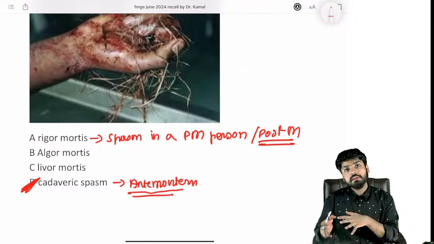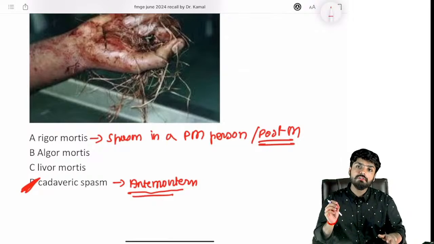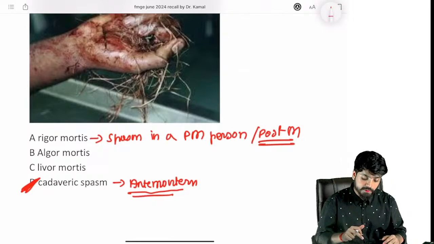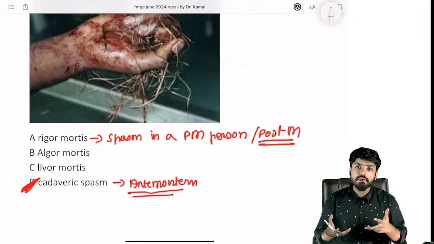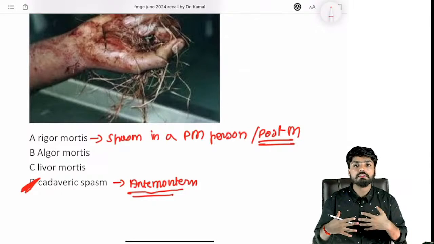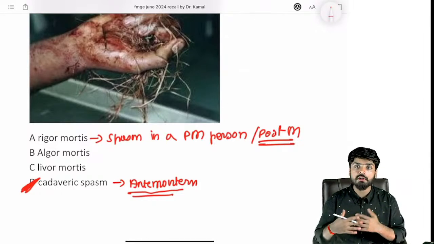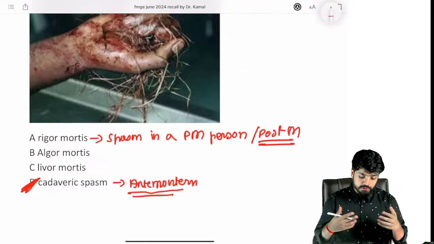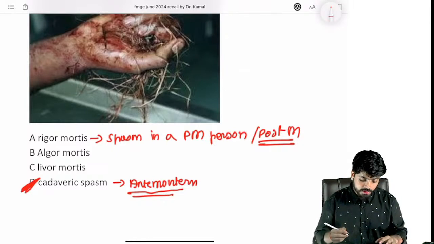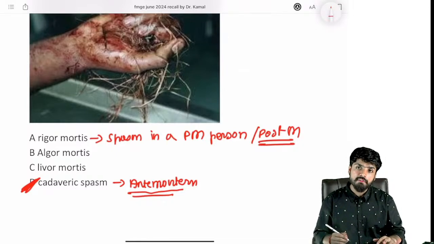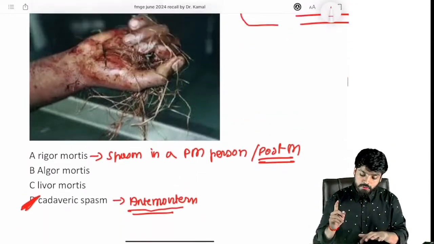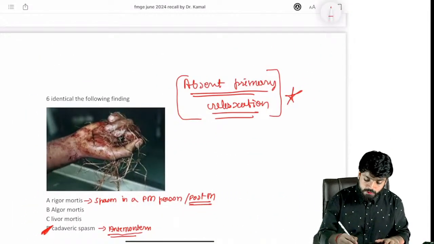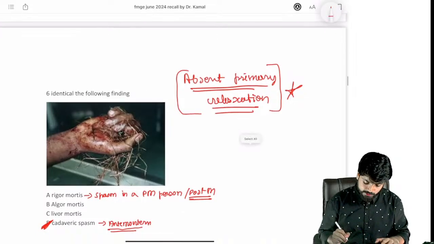Now it goes away due to the secondary relaxation, and the reason for secondary relaxation in rigor mortis is proteolysis, because now the regulatory systems are not there, so all the muscle proteins and the sarcomere start getting dissolved. So the patient will have secondary relaxation, which will also be seen in cadaveric spasm after the body starts rotting away. But the only thing which will really help you is the absence of primary relaxation.